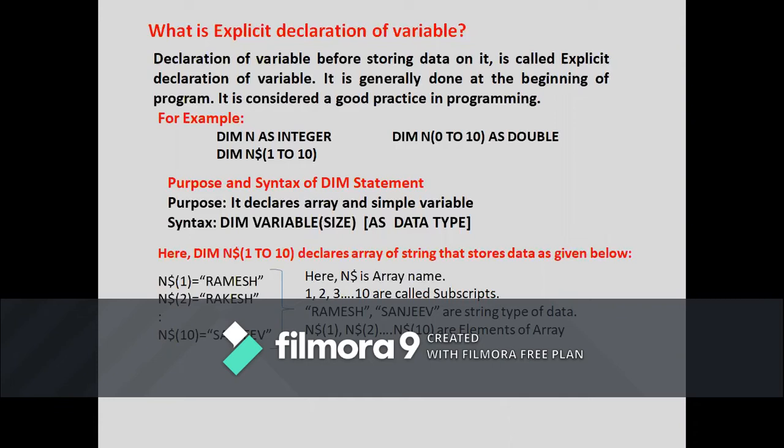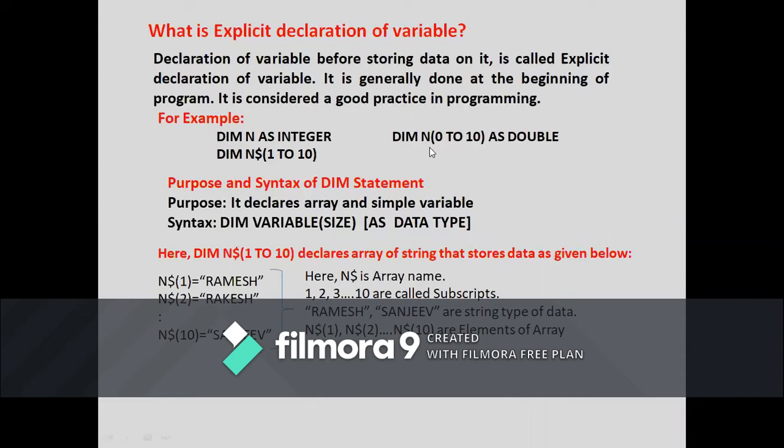For example, you can see on the screen dim n as integer. Here we have declared variable n as integer type. Here n is a numeric variable and this one is a simple variable. In the second example, you can see dim n(0 to 10) as double.